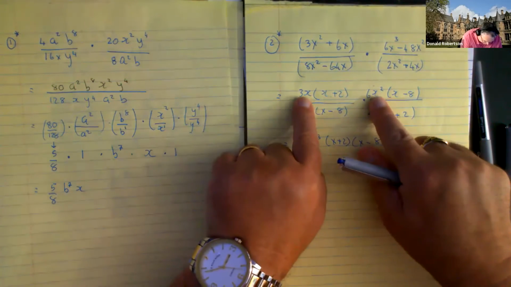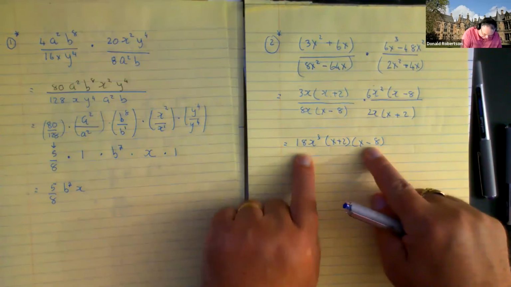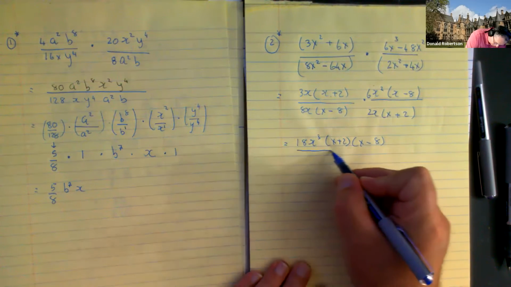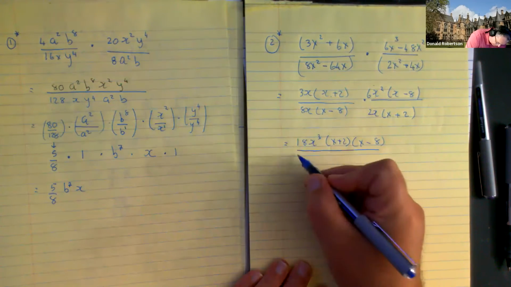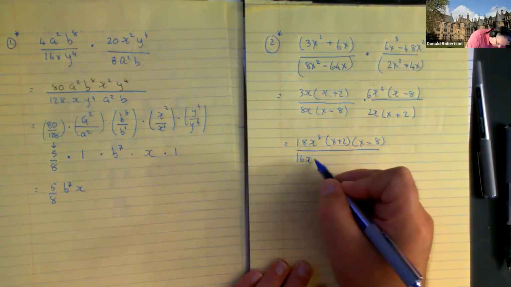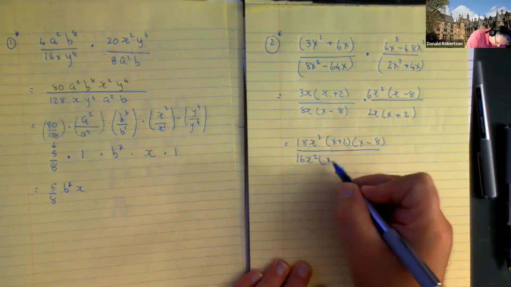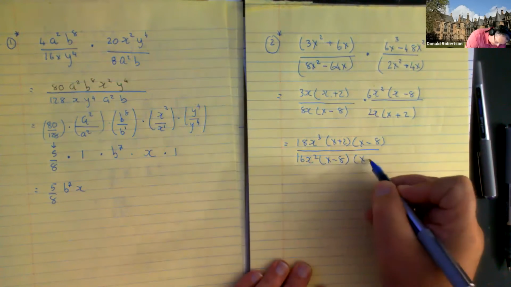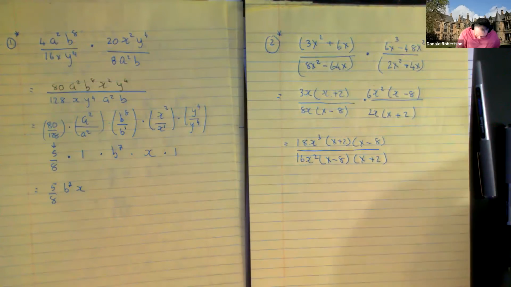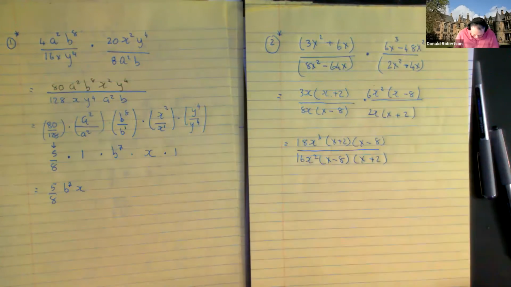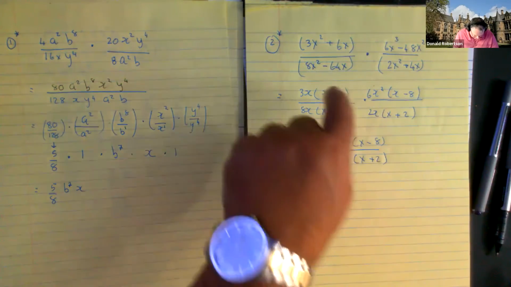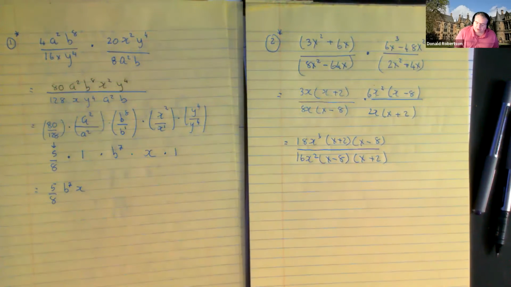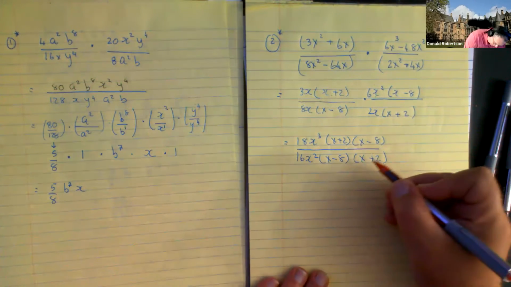So these two give me that, and then these two just follow. Now on the bottom, these two give me 16x squared. Then I have an x take away 8 and an x plus 2. And in these questions, you essentially have done factor and now cancel. So let's see what we can get as far as cancelling goes.